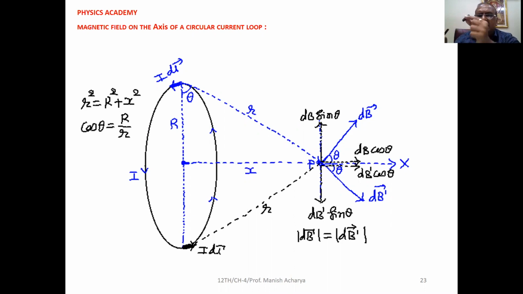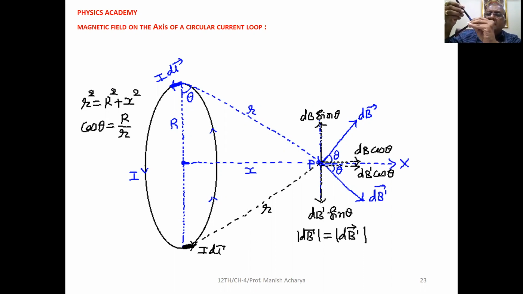This one is the current element that is towards me, and this is our position vector. Now perpendicular to both, if I place the right-handed screw here, in this way, and then from IDL to R, if I rotate it in this way, it will move in the upward direction.